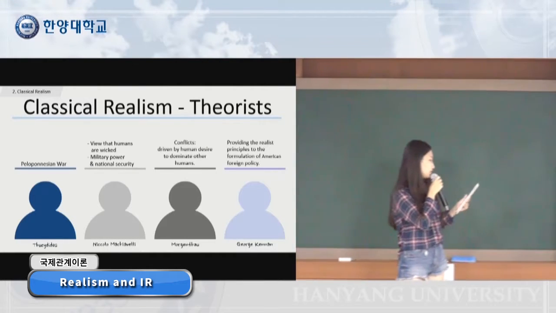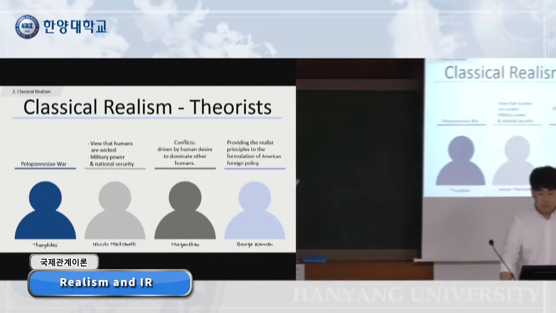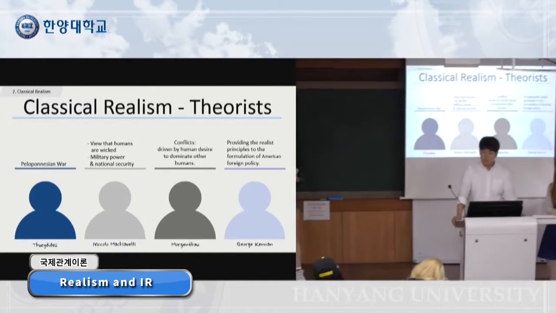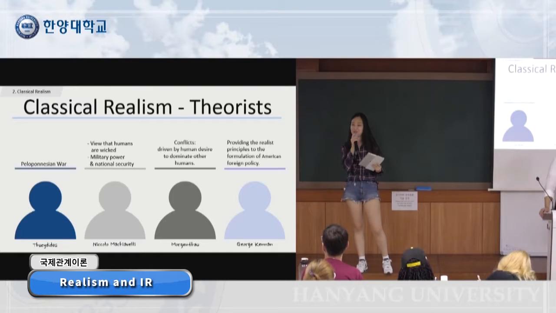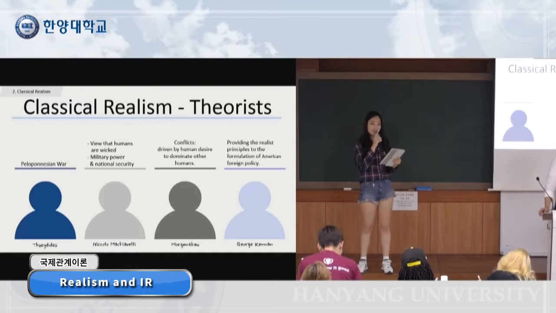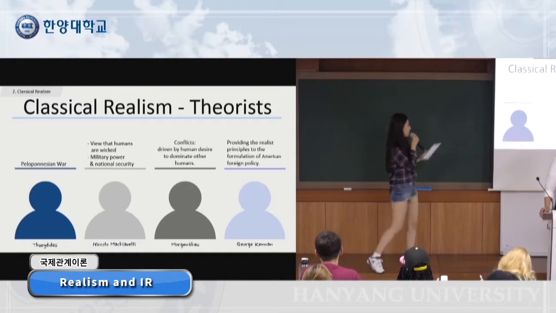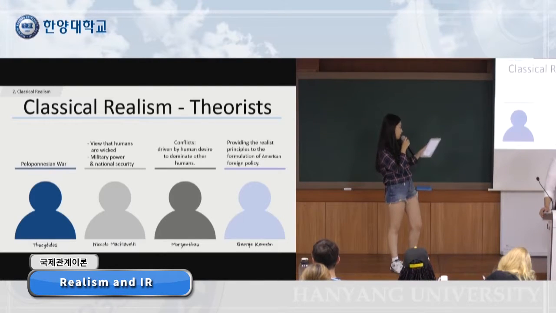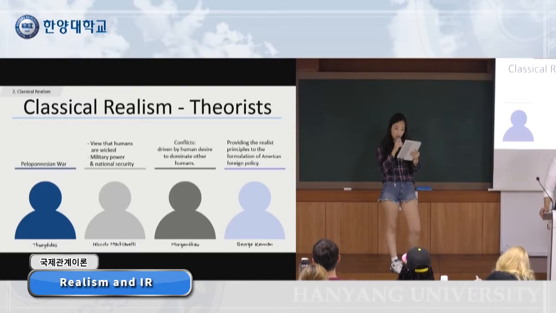Next, I'm going to explain classical realism with some scholars' ideas and balance of power. Classical realism is established in the post-World War II era and seeks to explain international politics as a result of human nature. The first scholar is Thucydides. He used the Peloponnesian War to explain how war occurs.